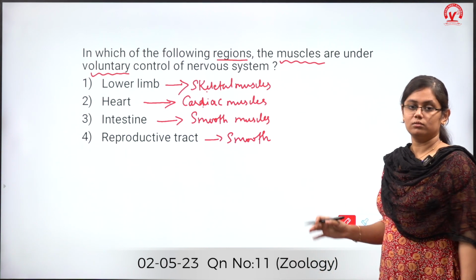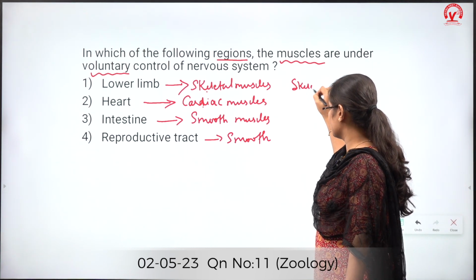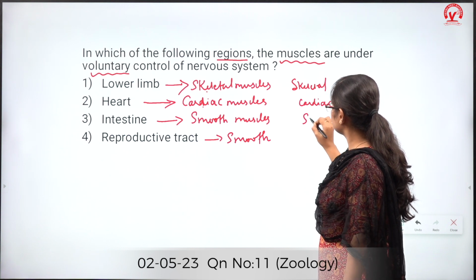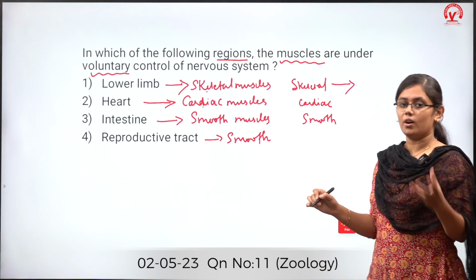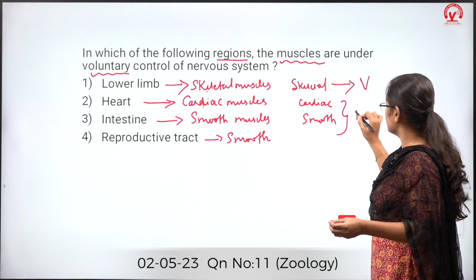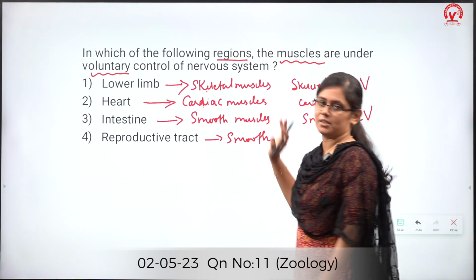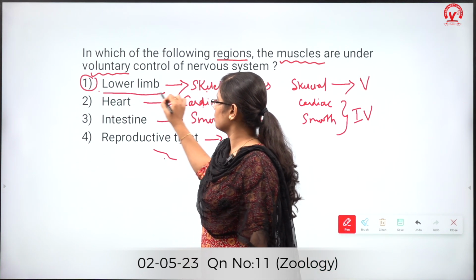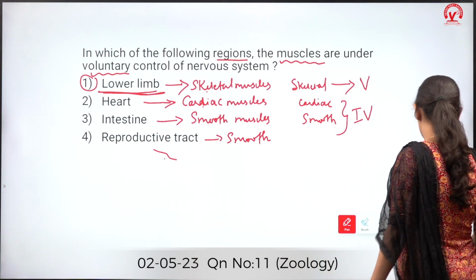So, we all know muscles are of 3 types: skeletal muscles, cardiac muscles and smooth muscles, among which the skeletal muscles are under voluntary control of the nervous system and cardiac and smooth muscles are involuntary. So, the lower limb has skeletal muscles. So, the correct option will be option 1, lower limb, which is under voluntary control of the nervous system.